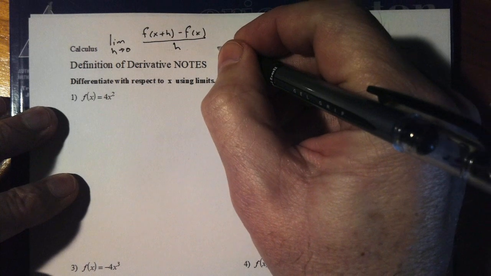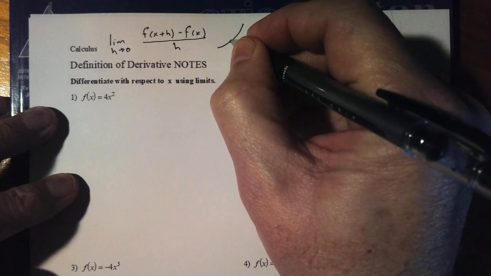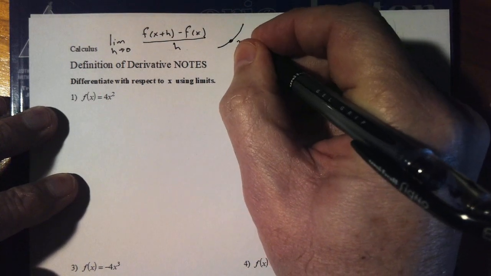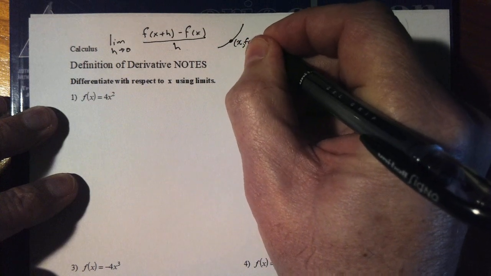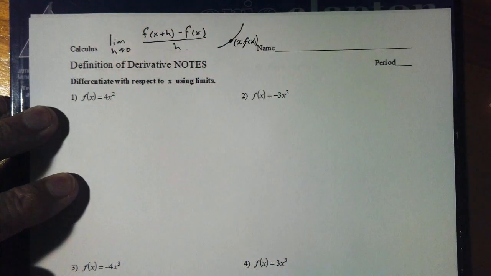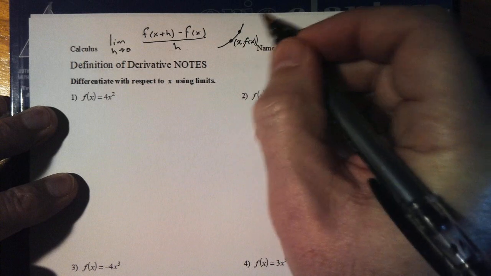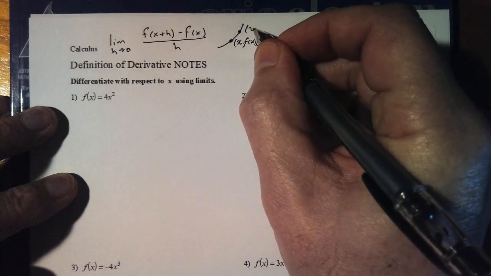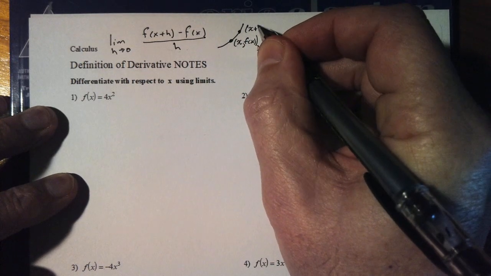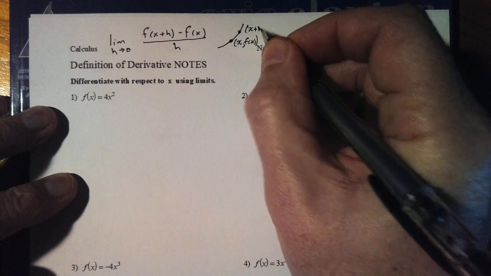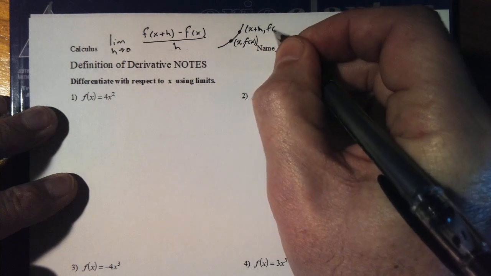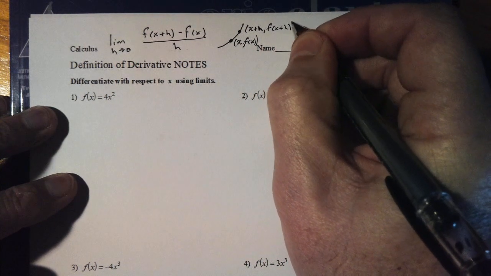But this is basically in regards to finding a point on a curve, and that point could be f of x, finding a point close to there on the curve, say x, slide to the right an additional small amount h, f of x plus h.